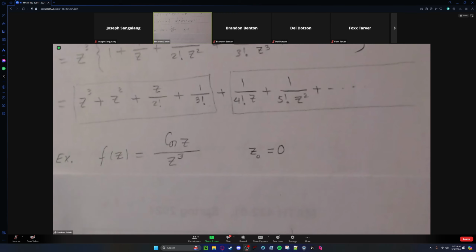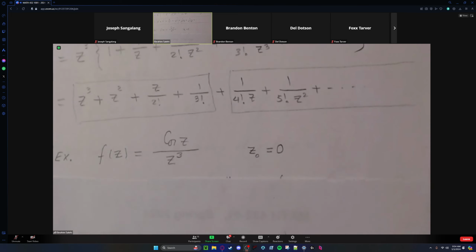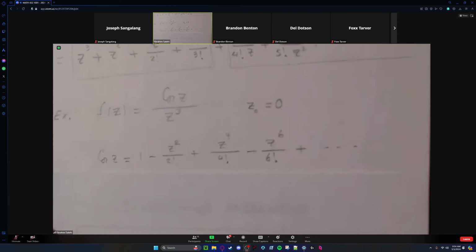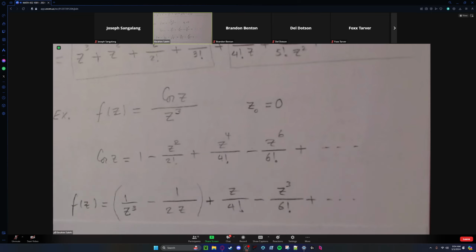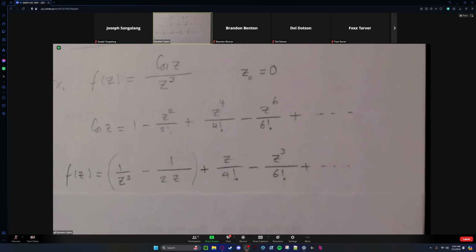We can answer these questions by writing the Laurent series of the function. In this case, it's got to be in the powers of z. So here is cosine z, divided by z cubed. Here's what you get.